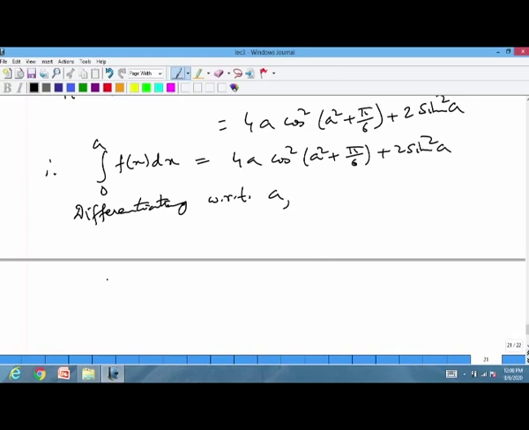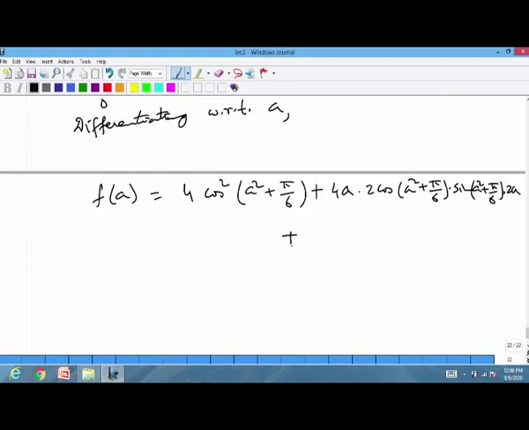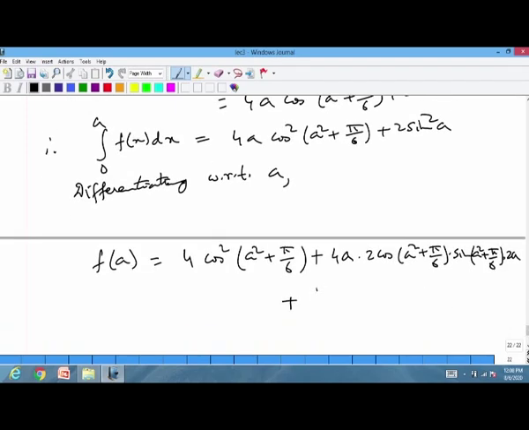We get f of a is equal to, derivative will be 4 times cos square of a square plus pi by 6, plus 4 times a times the derivative of cos square, that is 2 cos of a square plus pi by 6 times sin of a square plus pi by 6 times 2 a, plus the derivative of 2 sin square a, which will be 4 times sin a times cos a.